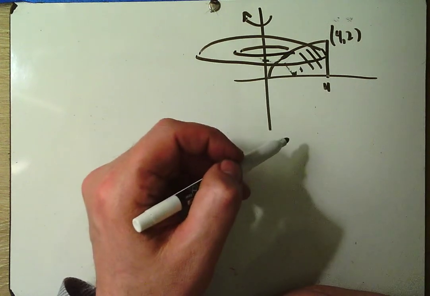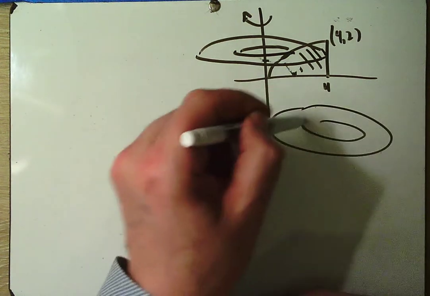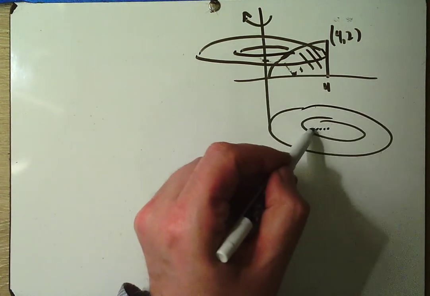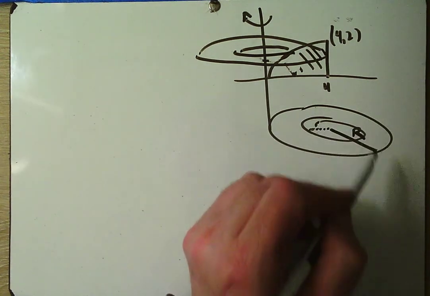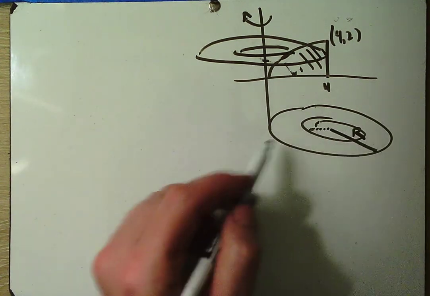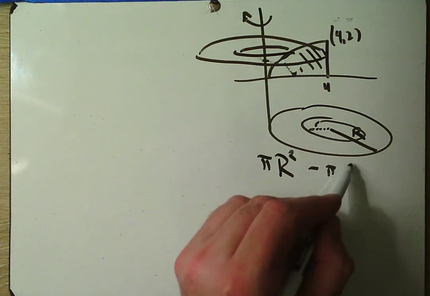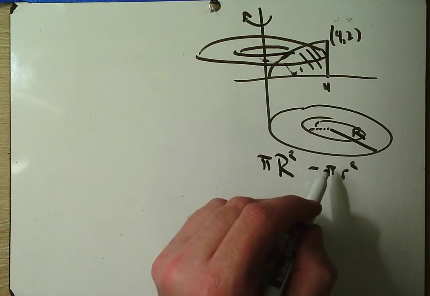I'm going to get a disk. Now, do you remember the formula for area of a circular disk, also known as an annulus? It's got an inner radius of little r and an outer radius of big R, and it's the area of the big circle minus the area of the little circle. That's the formula that we're integrating.